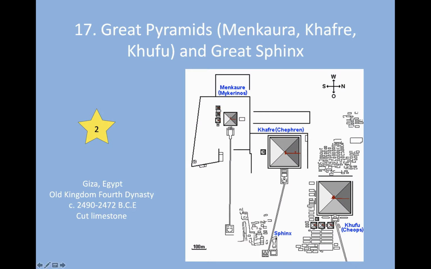Here's the Sphinx out here to protect the temple of Khafre. And so it's just another layer of keeping the pharaohs safe in the afterlife, because if you keep them safe in the afterlife, then they're working in the afterlife to take care of you in the present life.